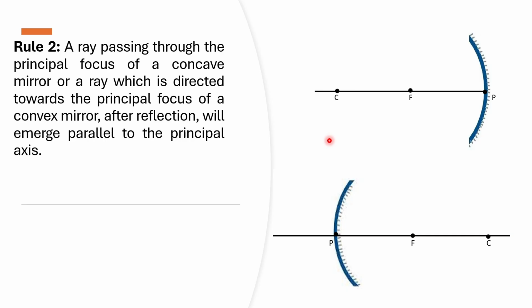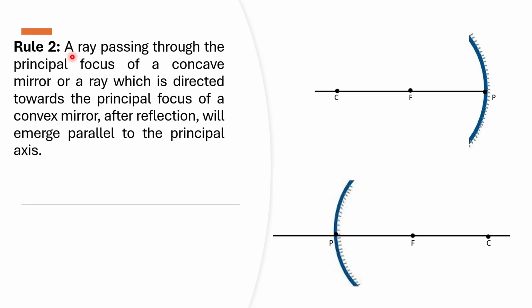Here is rule 2. Again, I want you to draw both the mirrors and the principal axis, and label all the important points. While labeling the points, don't forget the distance between the points. They must be equal: P, F and C, the measurements must be equal. Then what does rule 2 say?